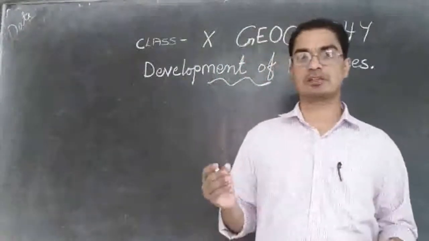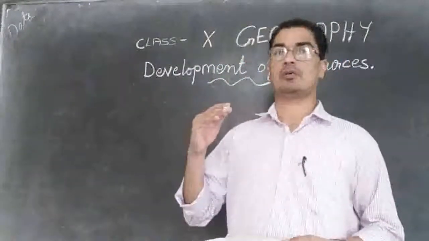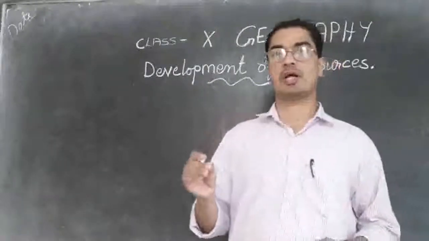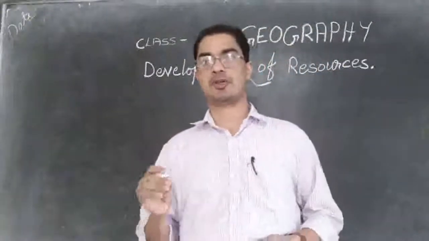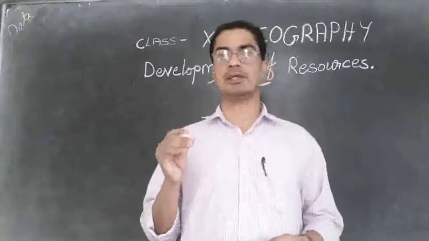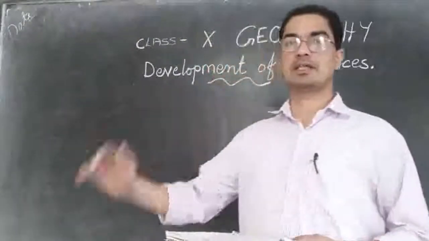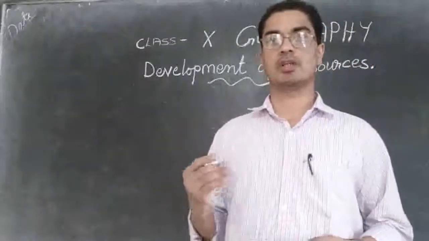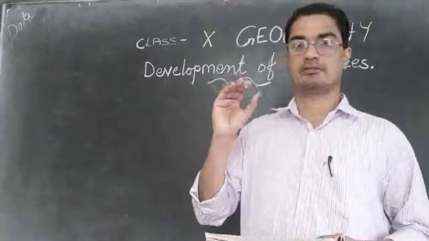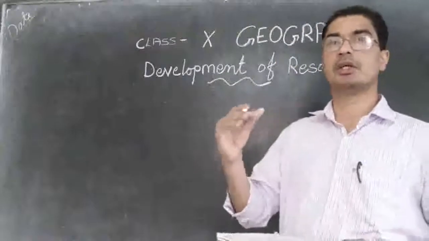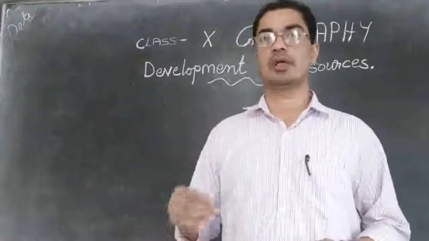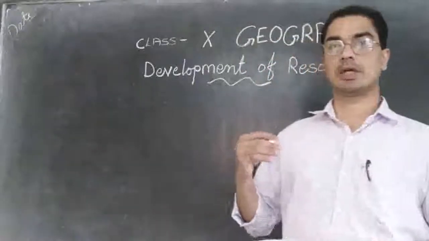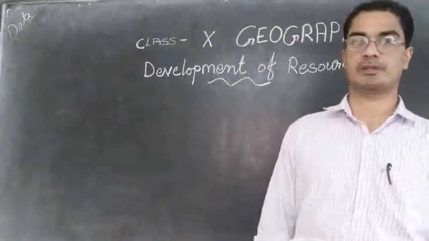Though it is a small country, it is able to reach the stage of development in spite of not having natural resources. That is because of their hard work, because of their vision. They have invested a lot in the human resources. So they develop the human resources, and human resources in turn help them to reach development.